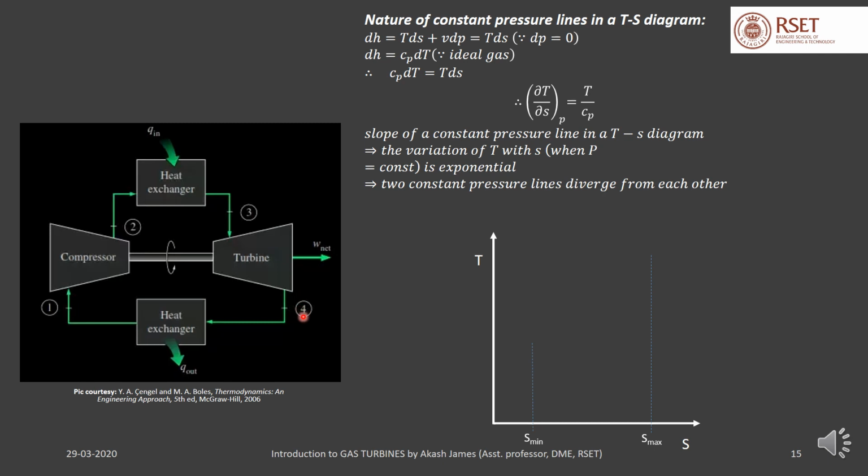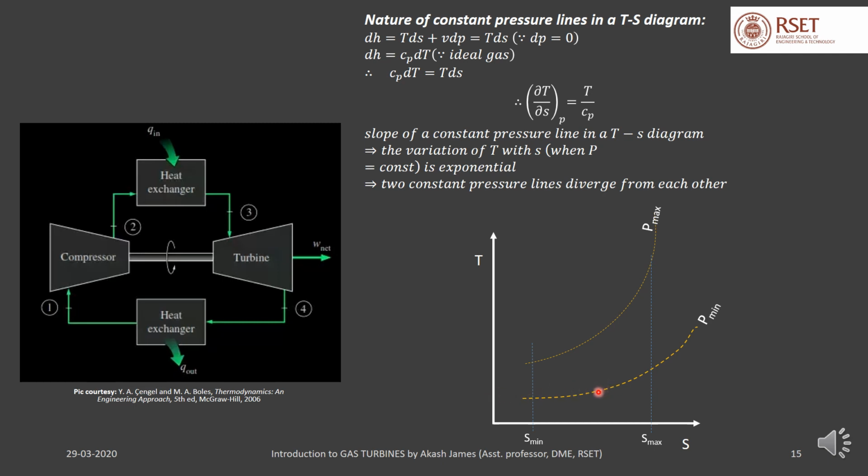So there is a maximum pressure curve, an exponential curve corresponding to the maximum pressure, and another exponential curve corresponding to the minimum pressure. These two lines are diverging from each other because if you take a particular entropy, the slope of this curve is proportional to the temperature, which is higher than the slope of this curve, which is proportional to the temperature corresponding to it.